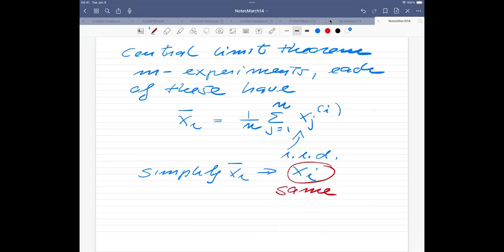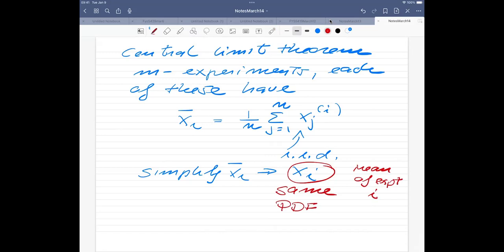So this is the mean value for experiment i. And then I have a total set of M experiments. And we are using the same probability distribution because we are assuming that all the stochastic events are given by the same distribution.